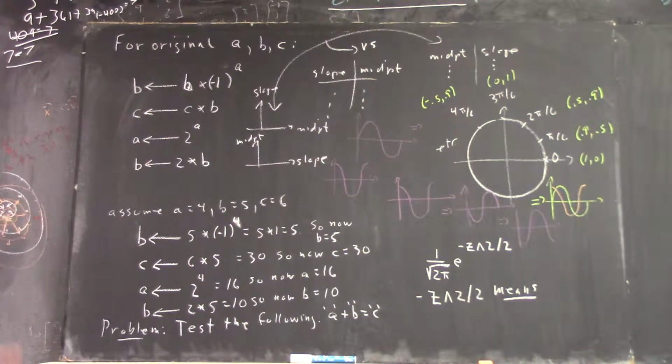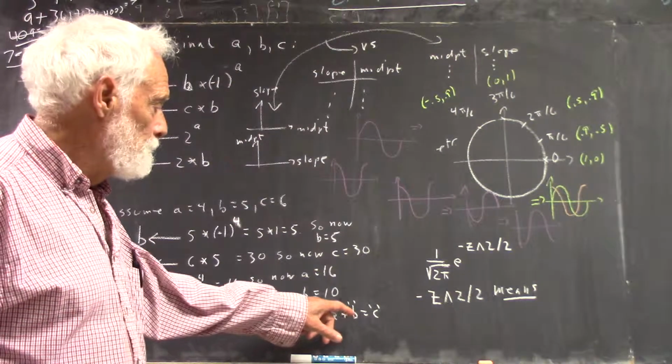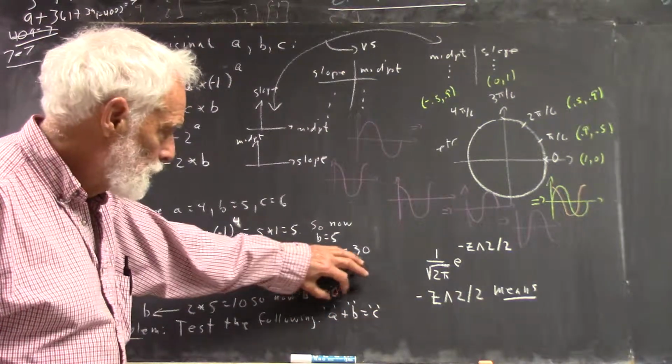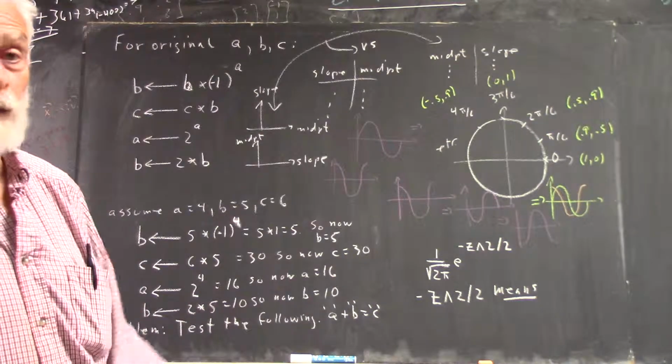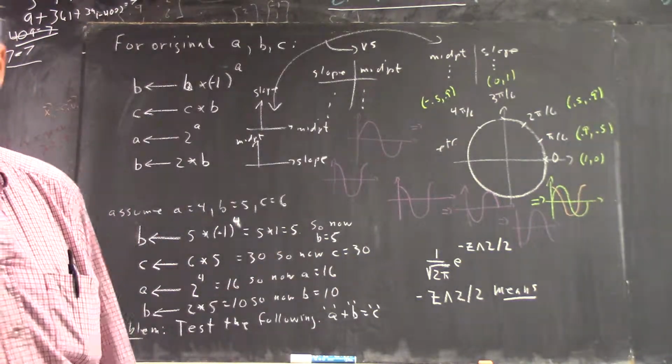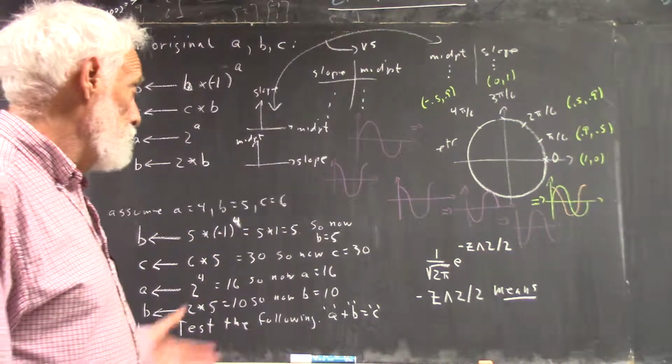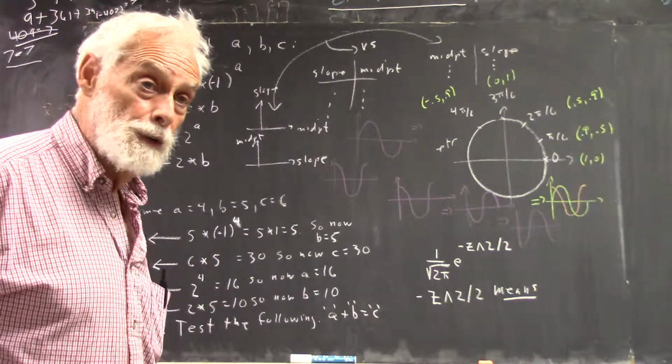And then I say, okay, here's a problem. Test the following. A plus B equals C. The backward apostrophes mean this is a variable with the value of A, right? And then you do that, and for these values of A, B, and C, it's clearly not so.